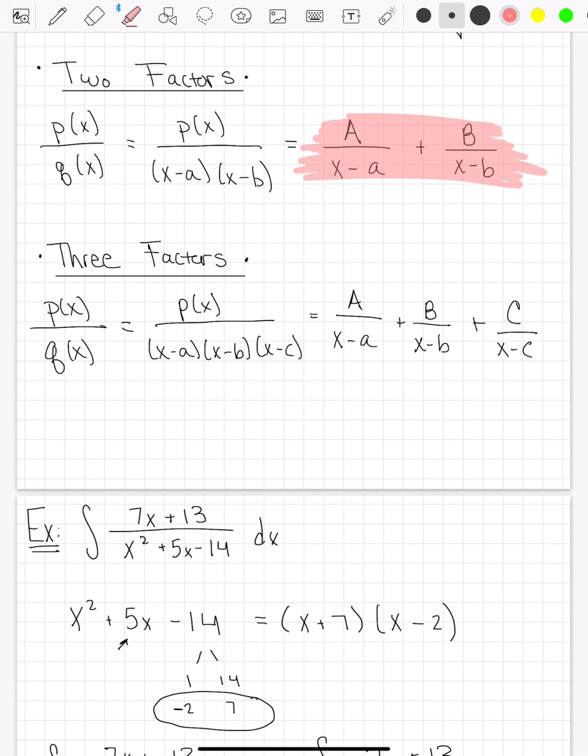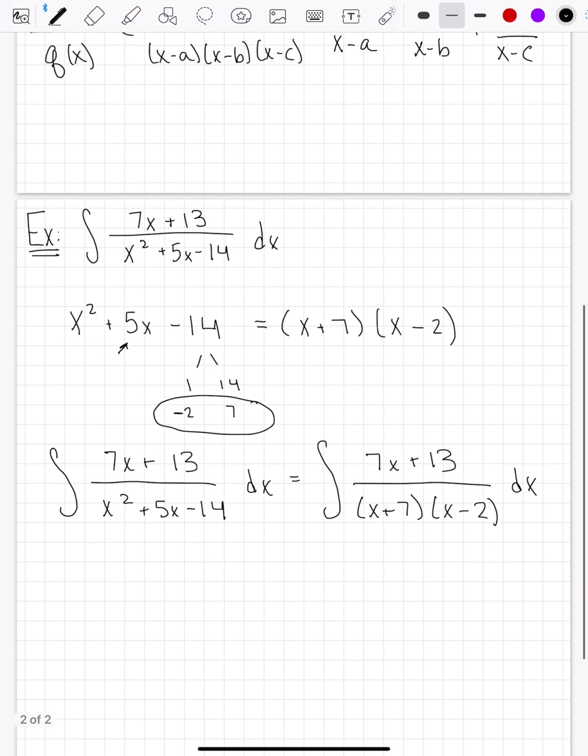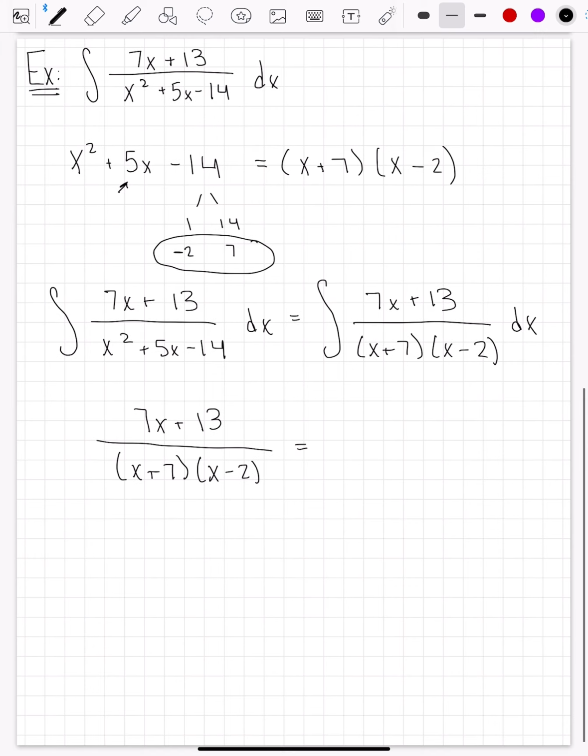So how are we going to figure out what capital A and capital B need to be? Well, we have to set that up. We just know that we want these two things to be equal to one another. So I'm going to take where I'm at currently, the 7x plus 13 over the factored denominator. And I know that my goal is to separate that into some constant capital A over x plus 7 plus some constant capital B over x minus 2.